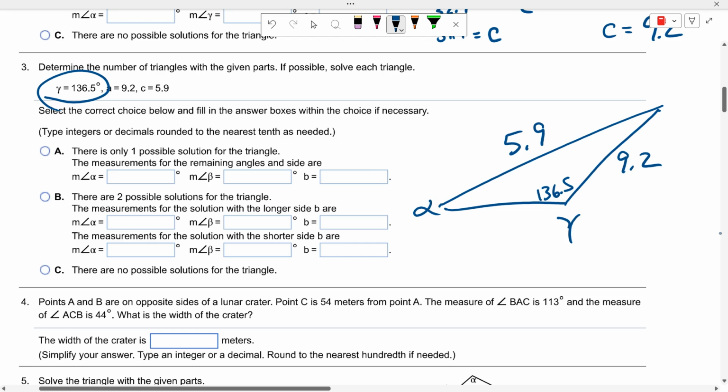What do we got going here? What should we do next? Law of sines? Okay. Or you could just go, this doesn't look right. What's wrong with this triangle? The longest side is shorter than this side. The obtuse angle has to be opposite the longest side. If it doesn't work, there's no possible solutions.